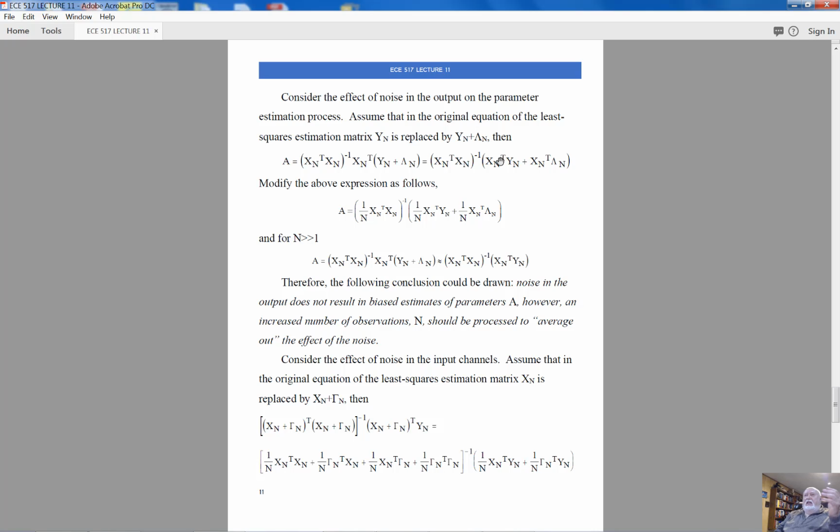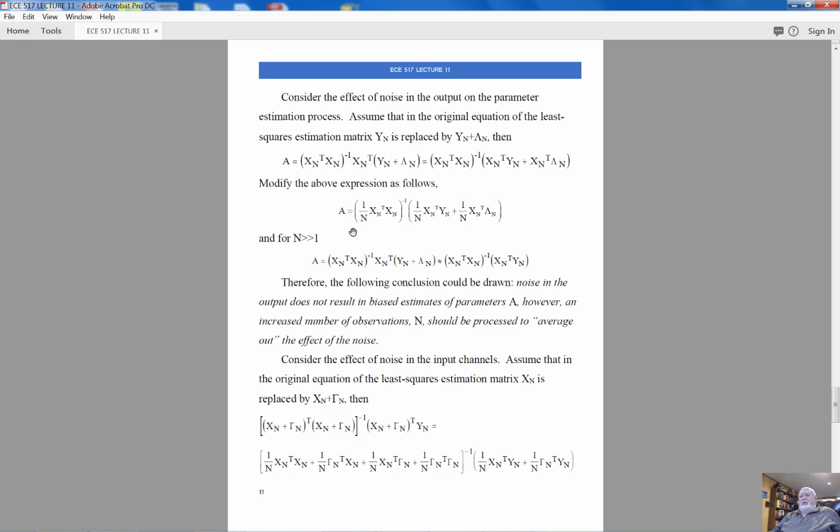So lambda n represents a component of noise at time 1, at time 2, at time 3, and so on. And therefore, if I would write down the expression for the least square method procedure, I would have to state that instead of output yn, I have yn plus lambda n. So the whole result will be this.